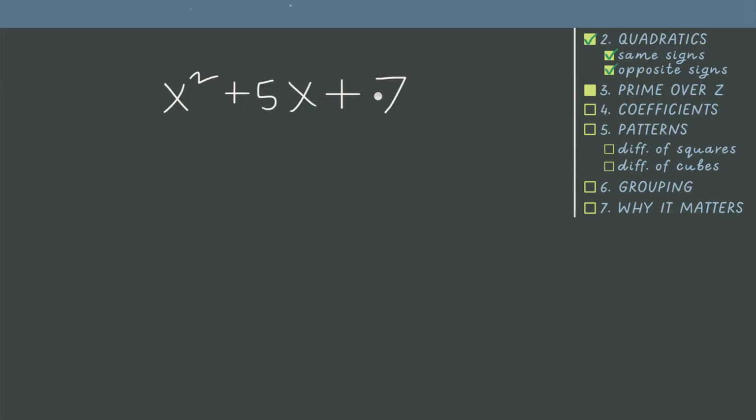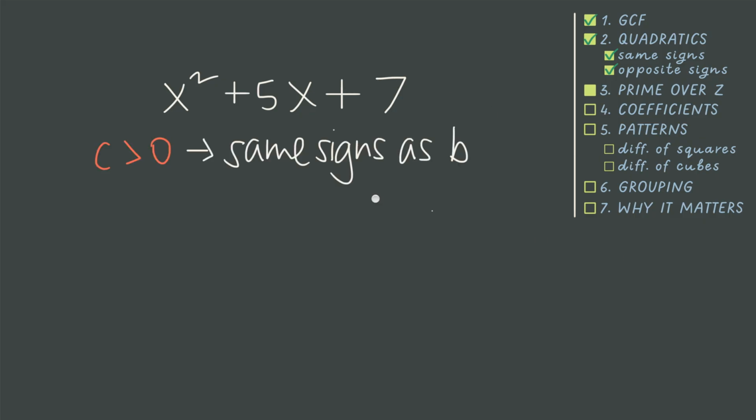Sometimes though, you're going to run into a quadratic that's going to give you a problem. We look at this one here and we see that c is +7. So we think, okay, that means the factors we use have to multiply to 7, sum to 5, and those factors have to have the same signs as b, which means the same signs as +5. They both have to be positive.